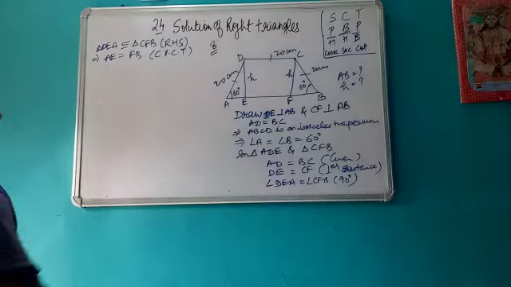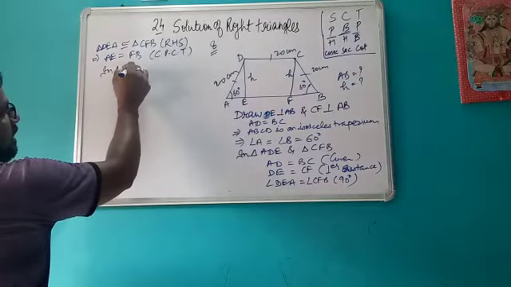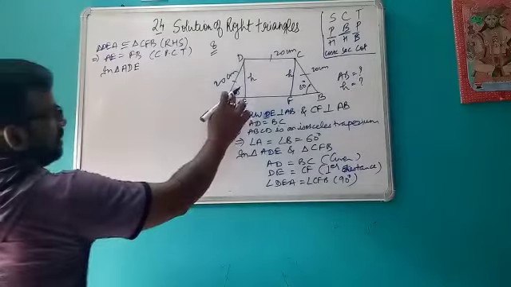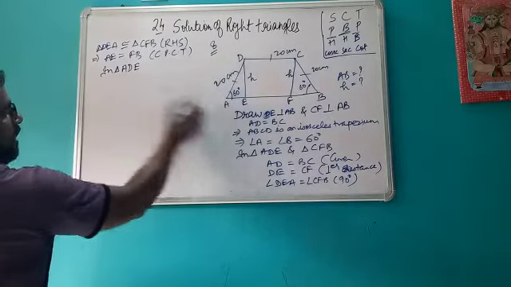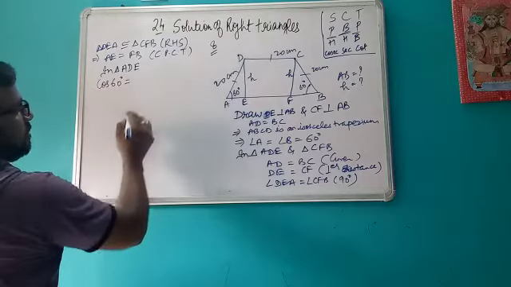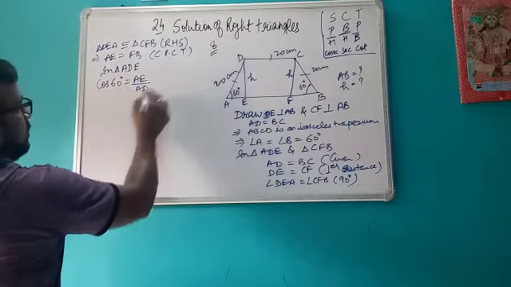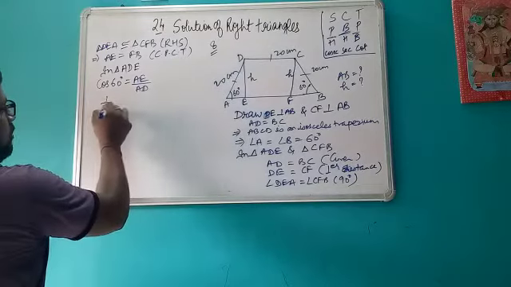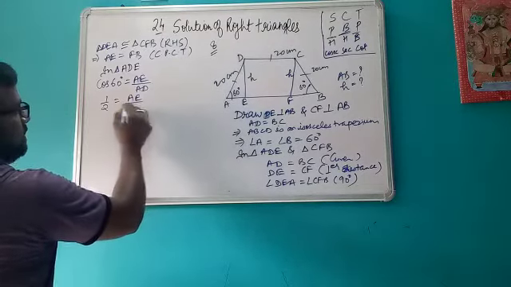Okay, so then I will take triangle ADE. For this I want to calculate AE. So I will take cos 60 degree is equals to AE upon AD, which is the hypotenuse. So that means 1 by 2 equals AE upon 20.